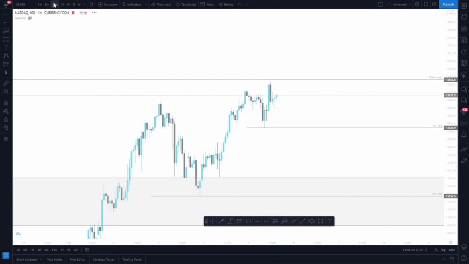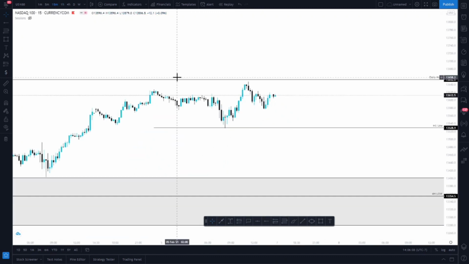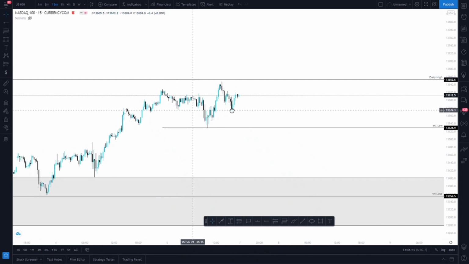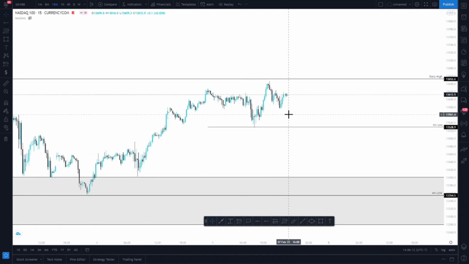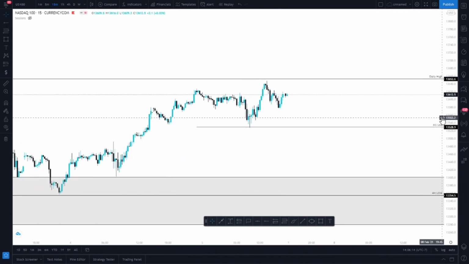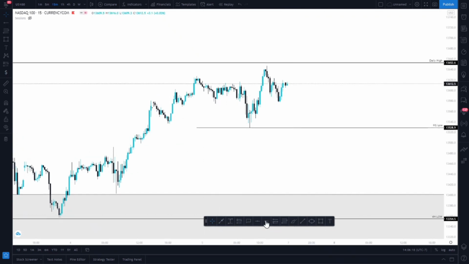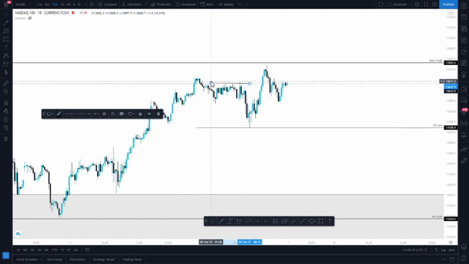Let's just take ourselves down to the M15 time frame. Perfect. And on M15, what I've said is actually what is happening. We have equal highs. Okay, let's just do this.